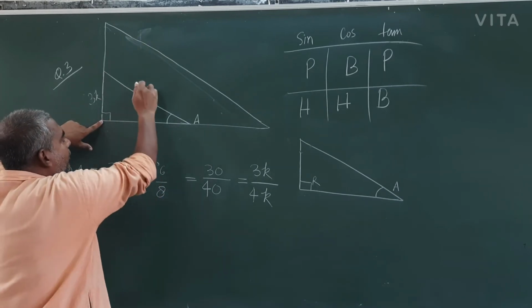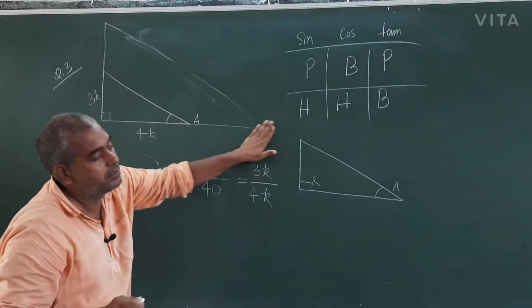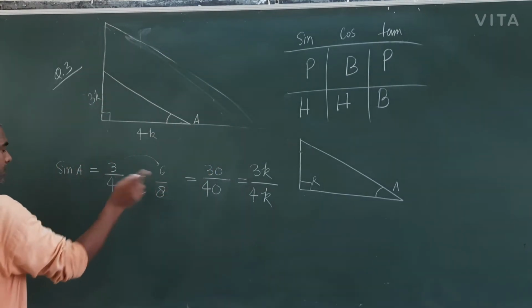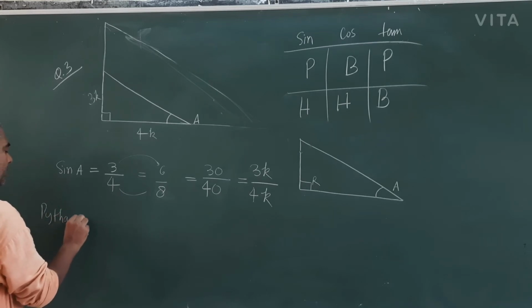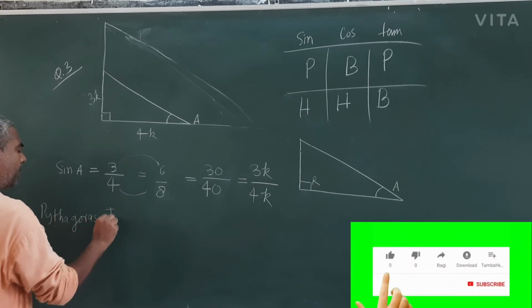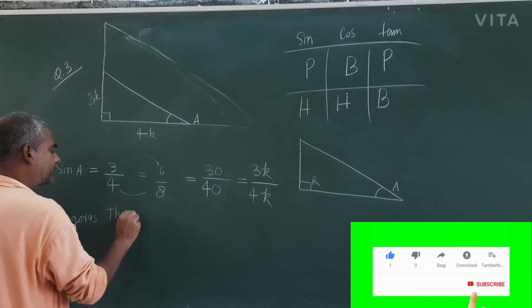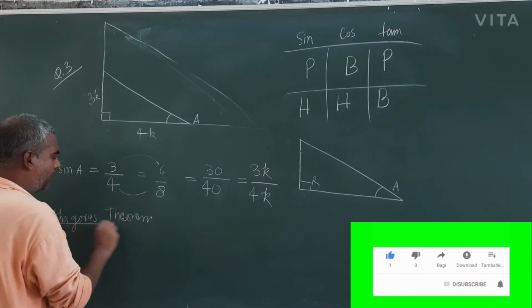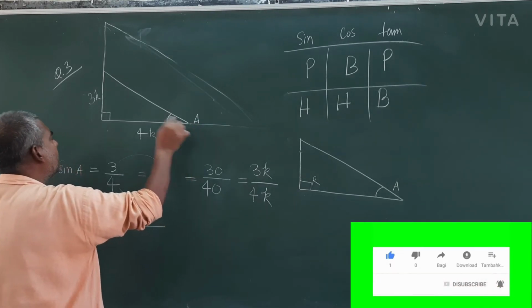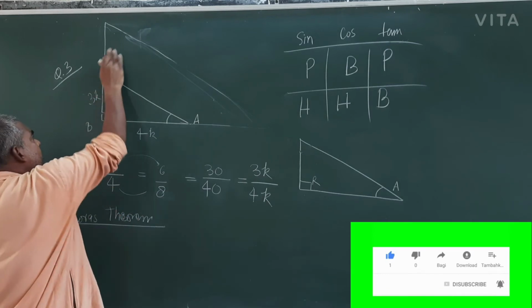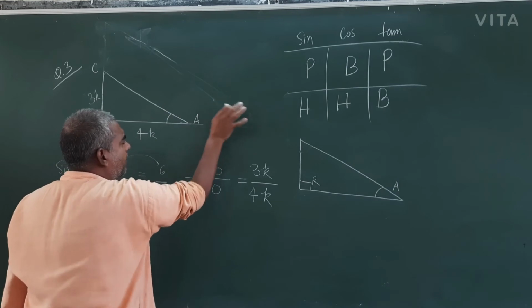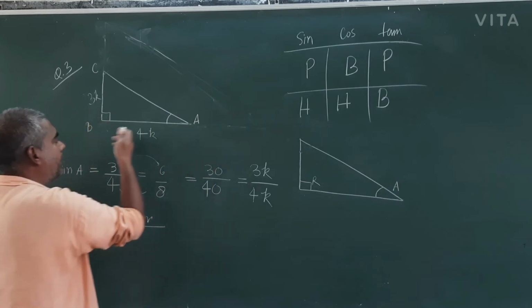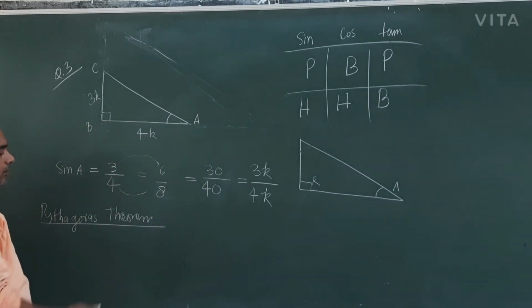Then what will be the value of this? So you will use Pythagoras theorem to find the third side. Because you have taken A, so take this B, and this is C. Now, Pythagoras theorem.